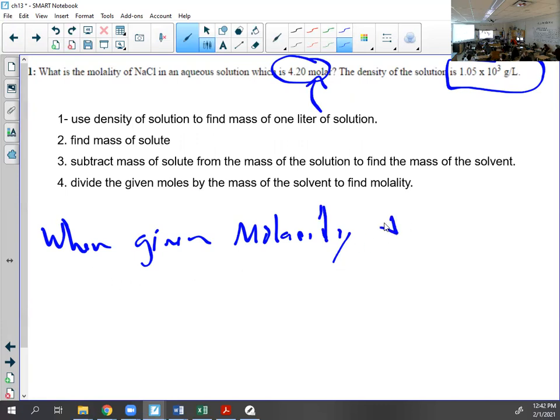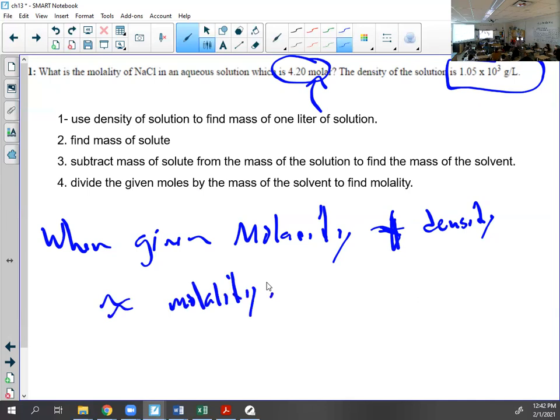When given molarity and density, these are the steps you use to find molality.